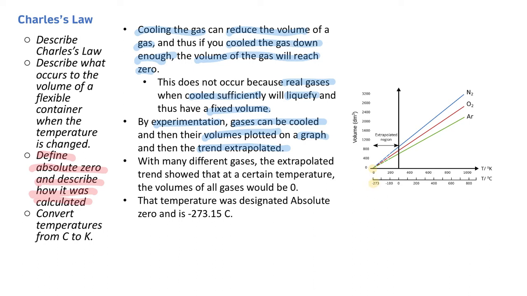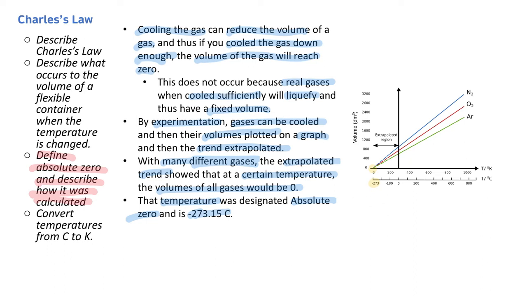With many different gases, the extrapolated trend showed that at a certain temperature all the volumes of the gases would be zero, and that temperature was designated absolute zero at negative 273.15 degrees Celsius.